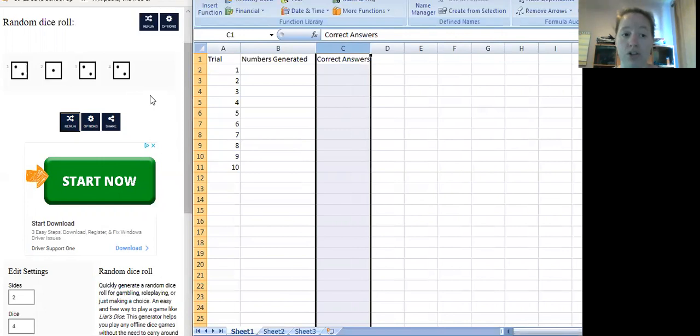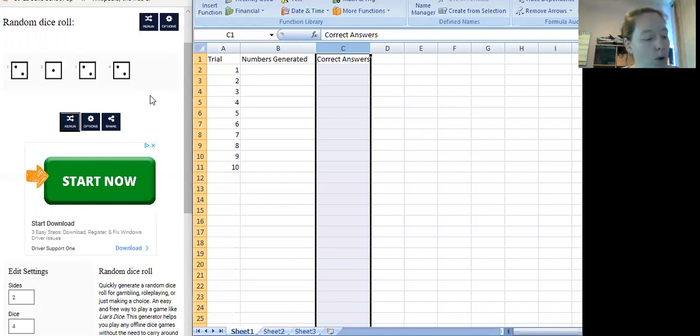We need to know what the options are so we know what to do over here on the dice roller. It says Matt guesses the answers on a quiz with 5 true-false questions. The probability of guessing correctly is 50%. Use a simulation to find the experimental probability he gets at least 2 of the questions right.